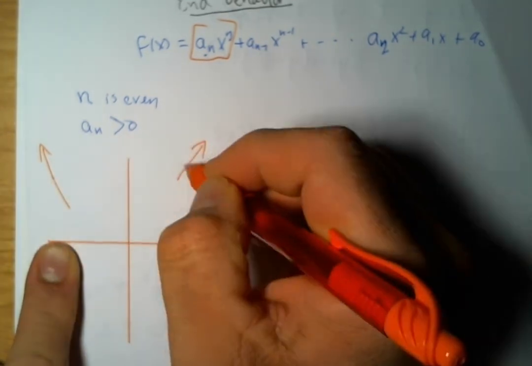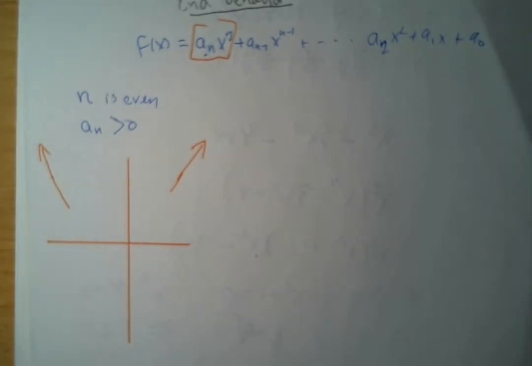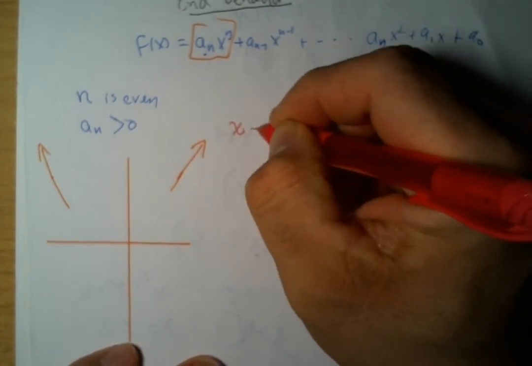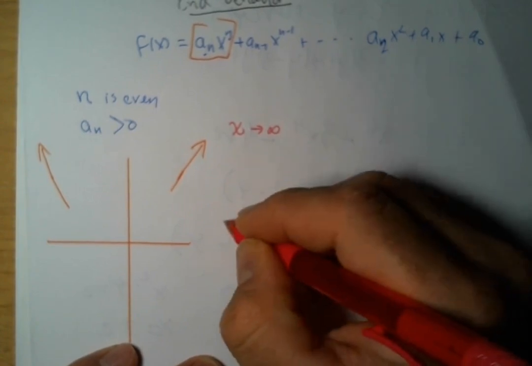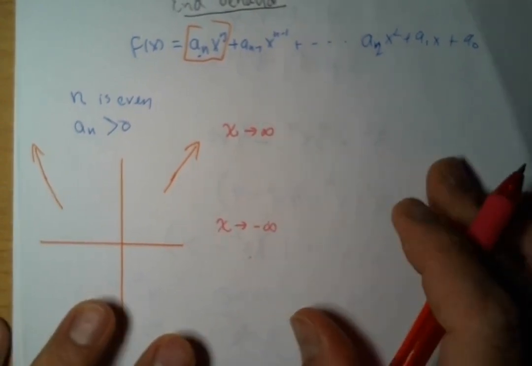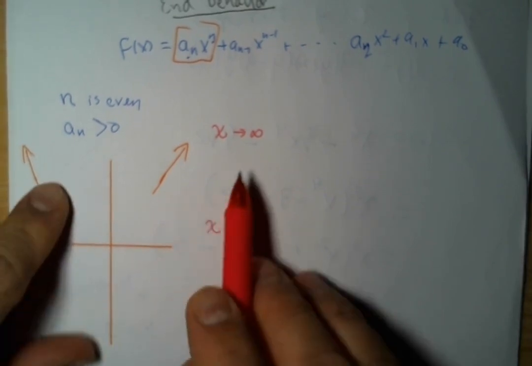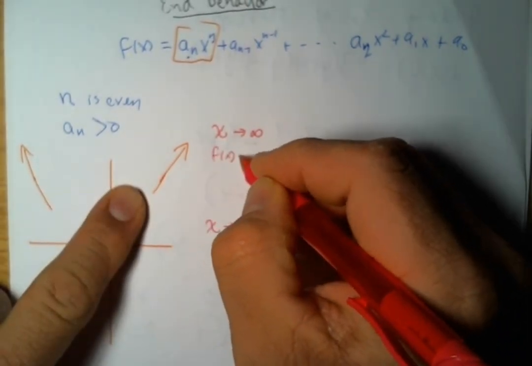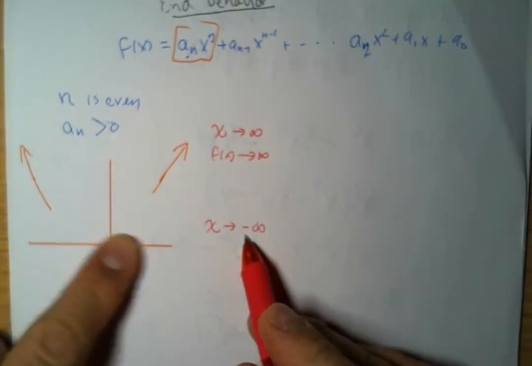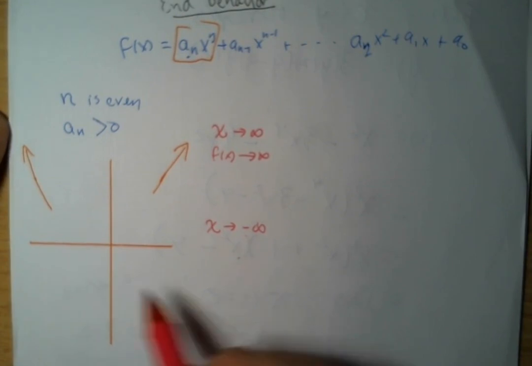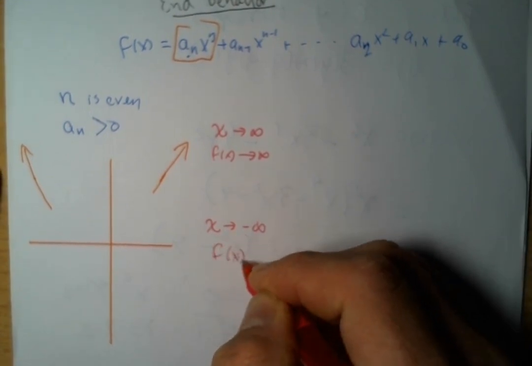All I'm concerned about is the end behavior, so two different quantities: what happens to the value of the function as x goes to infinity and as x goes to negative infinity. As we can see from here, as x goes to infinity, my function f of x also goes to infinity. And the same thing here, as x goes to negative infinity, the function goes to infinity as well.